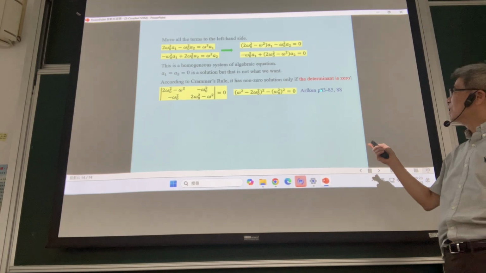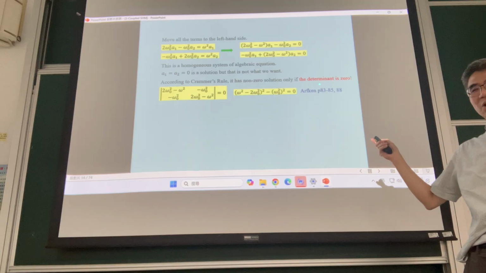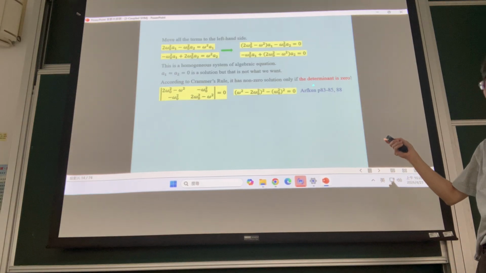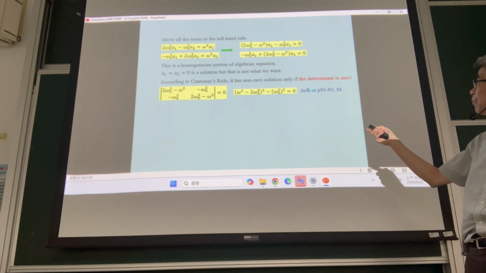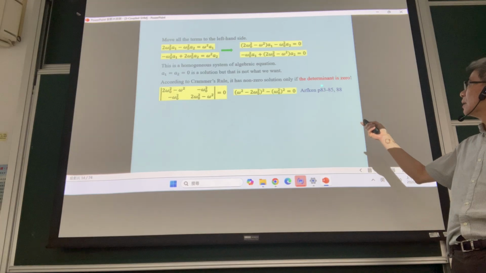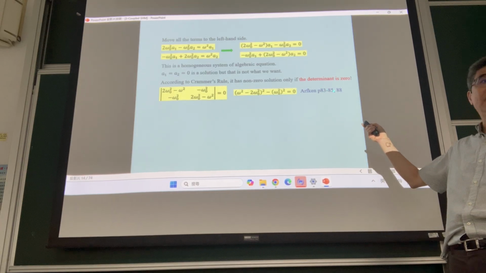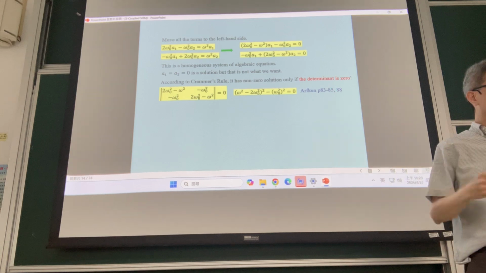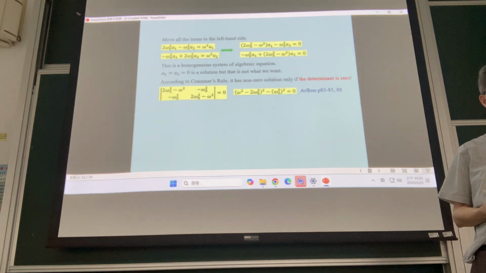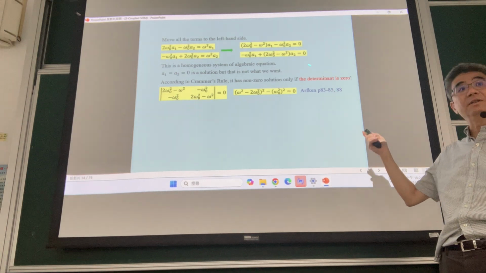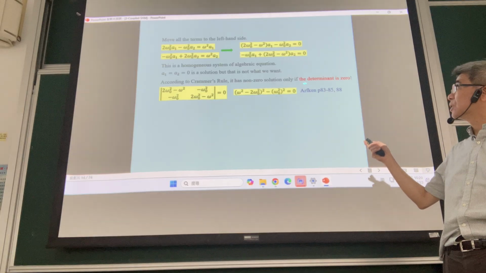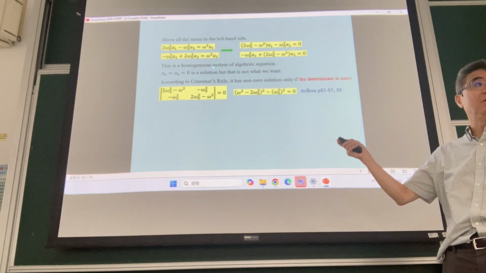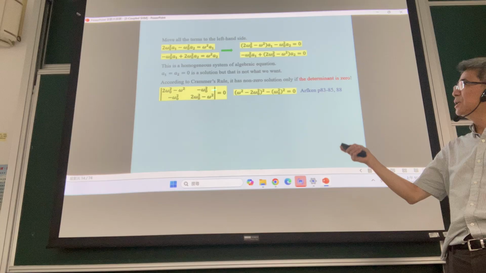Of course, not everyone is familiar with high school mathematics in Taiwan, so you can go to the Afghan textbook, pages 83 to 85 and 88. Actually, that's the beginning of chapter 2. Okay, and so you can see this Cramer's rule. But actually, you don't need Cramer's rule.